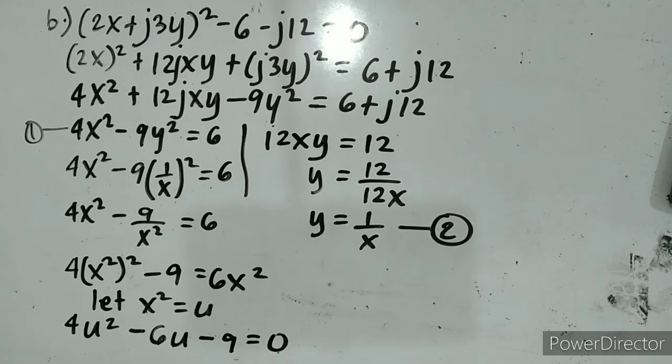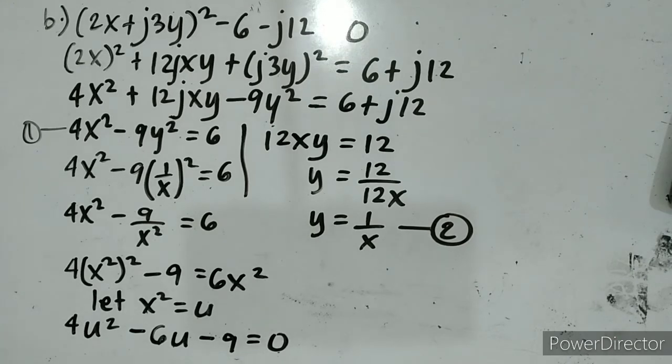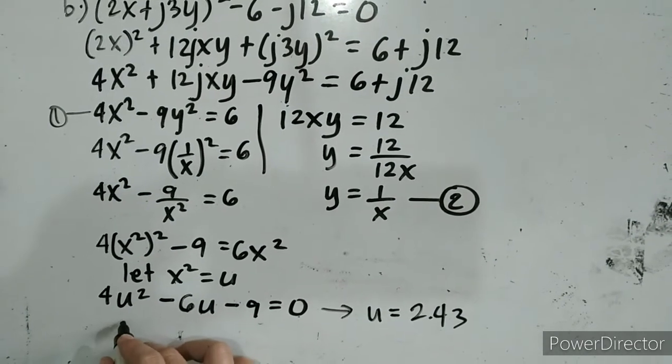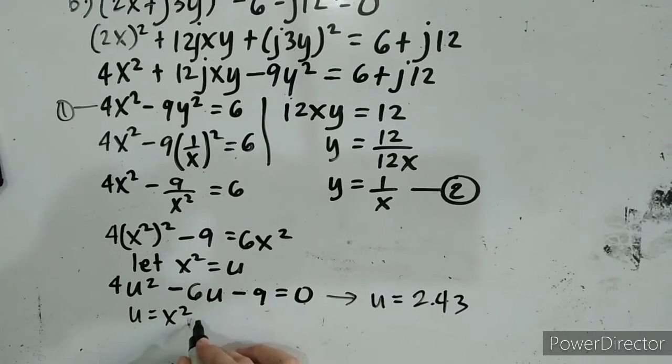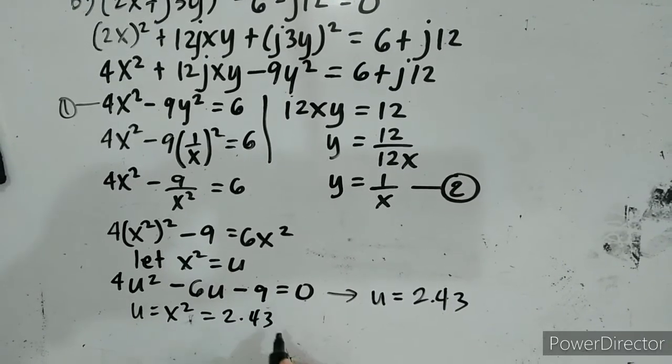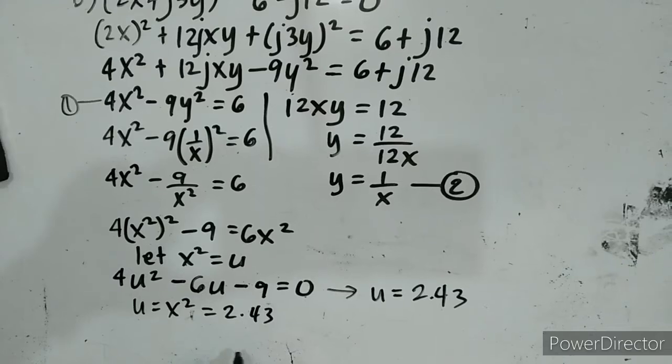And solving for u using your calculators, quadratic equation, we have u equals 2.43 approximately, and since u is equal to x squared, we take the square root of both sides.